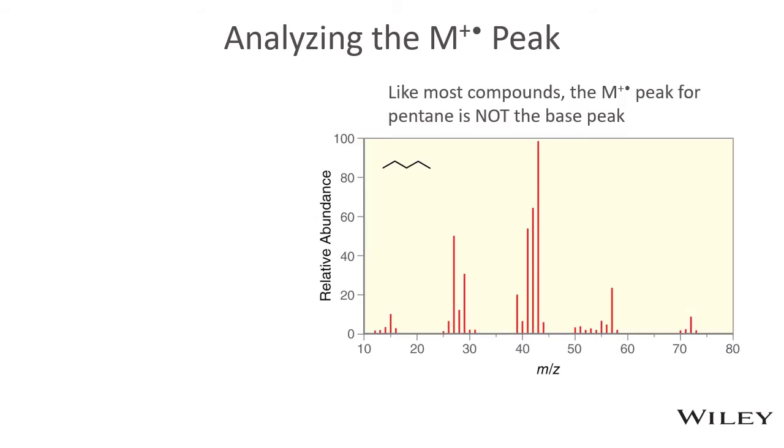Like most compounds besides benzene and methane, the molecular ion peak for pentane is not the same as the base peak. So pentane is a 5-carbon chain shown here. Now pentane has a molecular weight of 72. So if we take a look over at the peak here for 72, this actually represents the peak for the molecular ion.